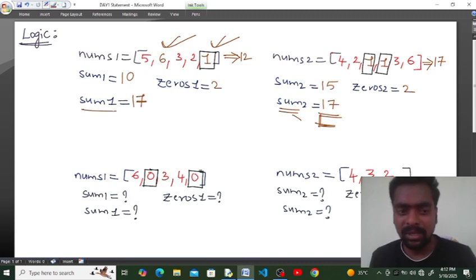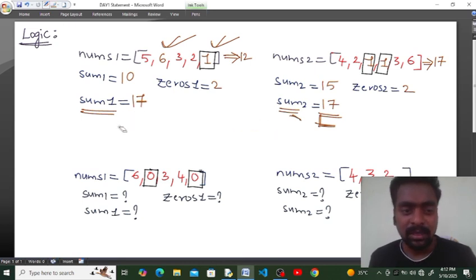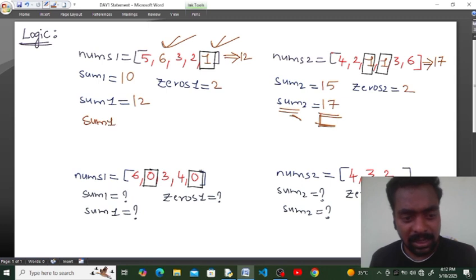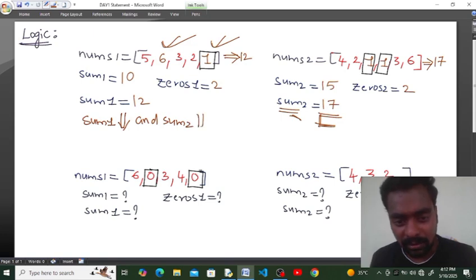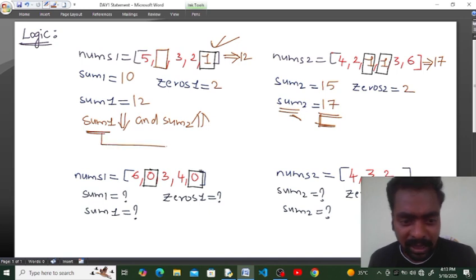Now observe carefully. Sum1 is changed to sum2 and both are the same. Yes or no? Right? So the observation is what? Whenever sum1 is small and sum2 is a larger value, one more important point is what? Here we have to increase the value of sum1 to make it into sum2.